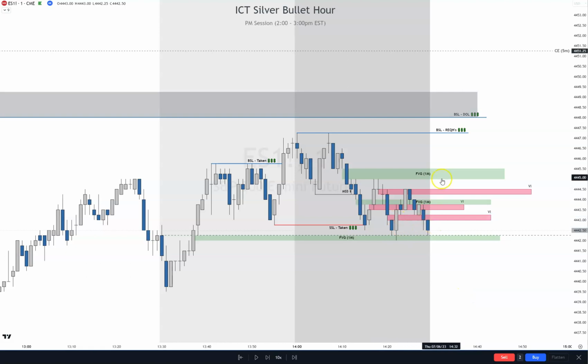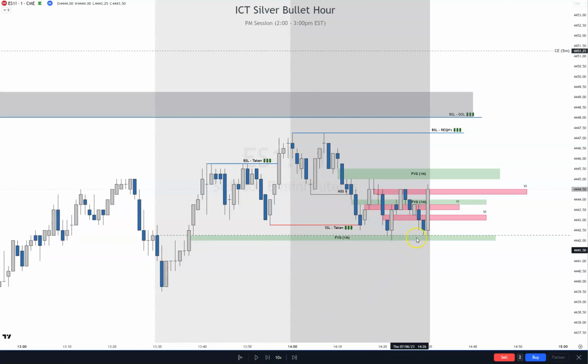But if we came back up, I would need these swing highs to be taken out for a market structure shift to go up. Because we just took liquidity down here, I would need a market structure shift to go back up.